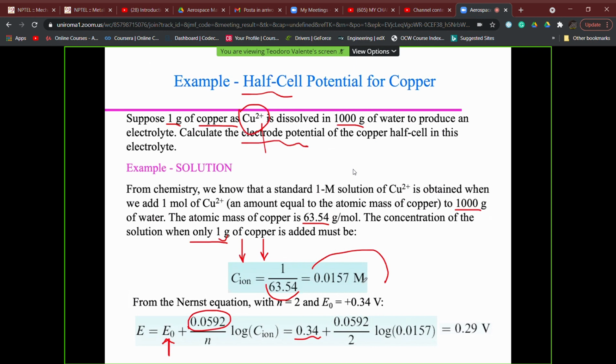And then if we put this number here with the number 2, we can calculate the potential of copper. This is one example of using the Nernst equation in a condition in which we do not have standard conditions.